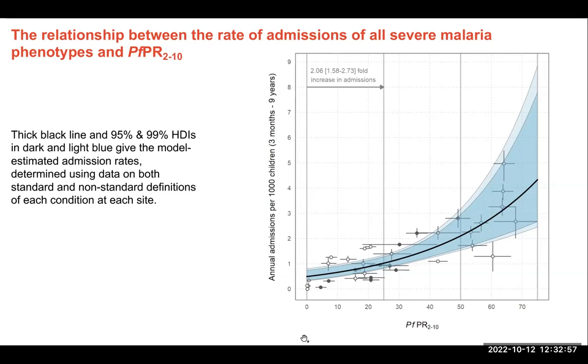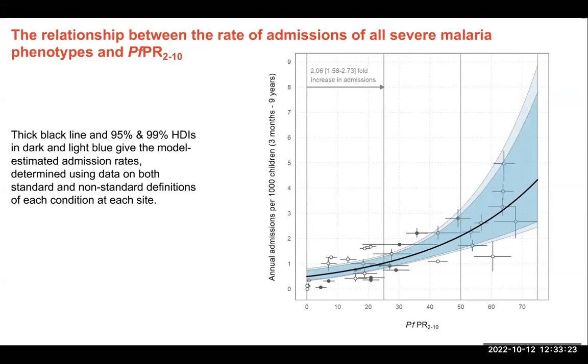And on the x-axis, we have the infection prevalence, or the age standardized parasite prevalence in the 2 to 10 age range. The median fit of the Bayesian regression model is denoted by the thick black line, with the 95 and 99% credible intervals shown by the dark and light blue envelope. This is how all the graphs that I'll present look, and that is what they mean.